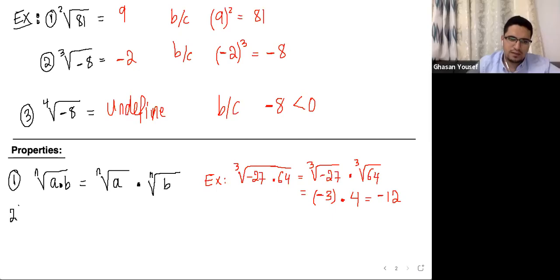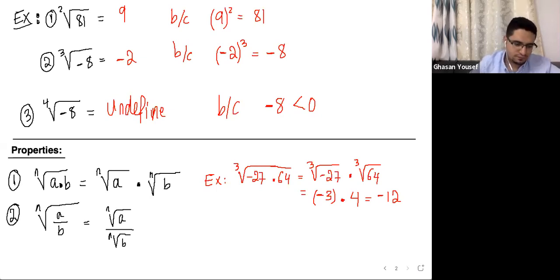Okay, the second property said the nth root of a over b is equal to the nth root of a over the nth root of b. Same idea as before. Example here: the third root of 27 over 64.